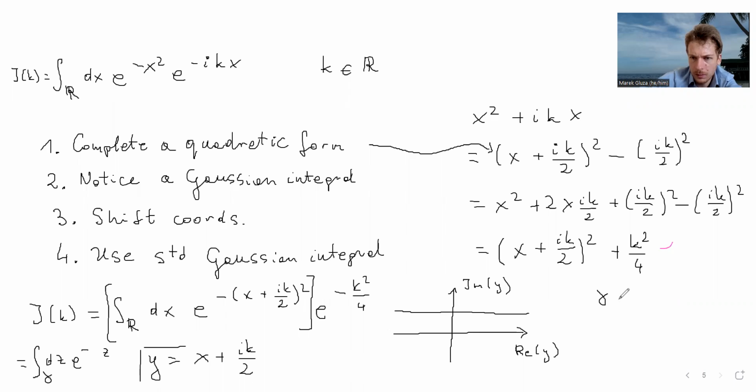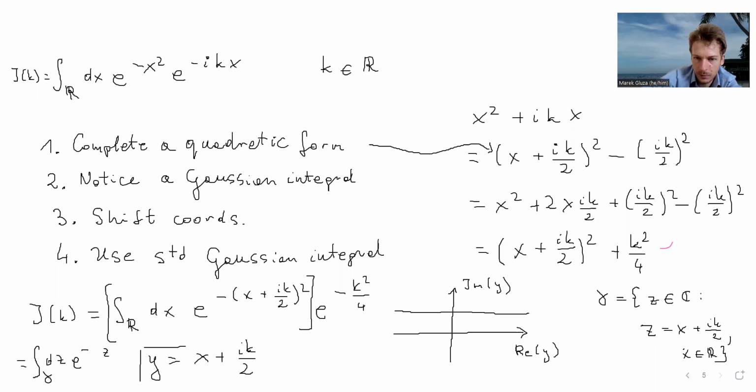So gamma is the set of z in the complex plane such that z is of the form x plus i k over 2 for x in the reals.